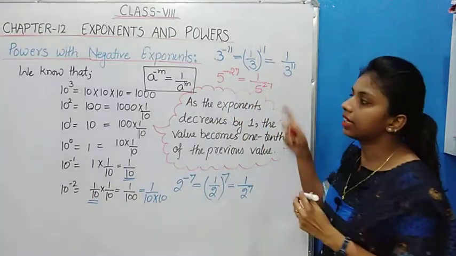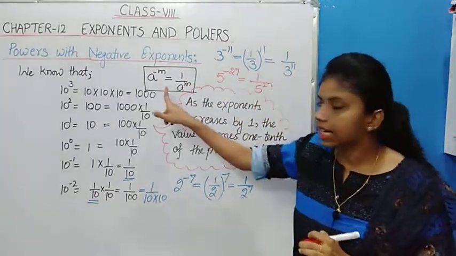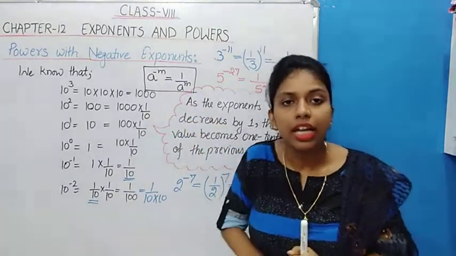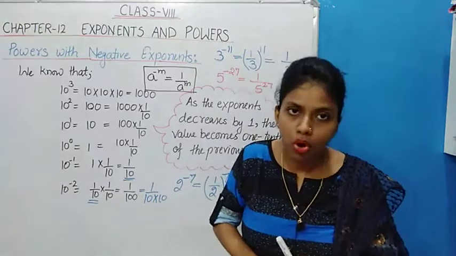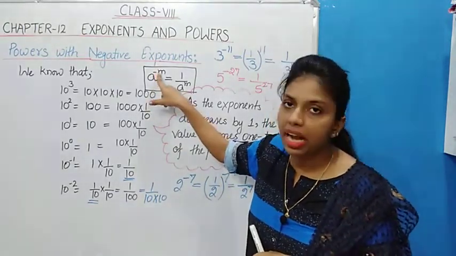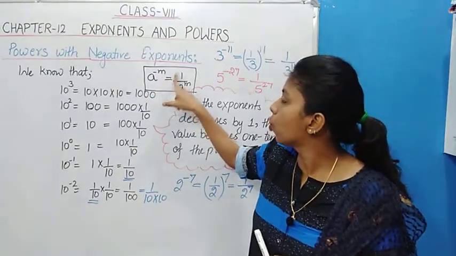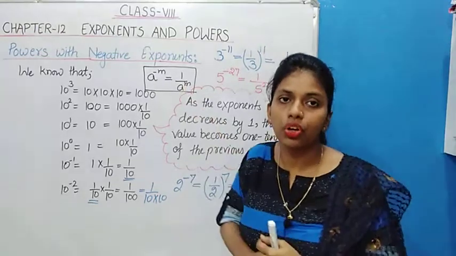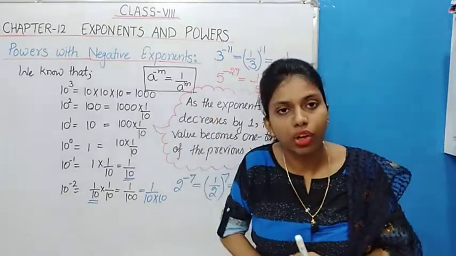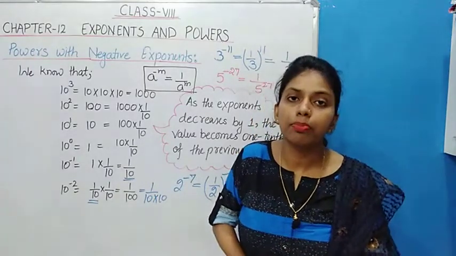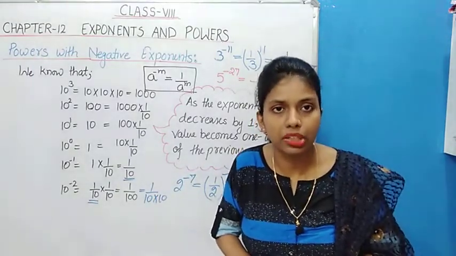So we can write it like this. This is the general notation for converting a negative exponent into a positive exponent: a to power minus m is equal to 1 by a raised to power m. This is how we can convert any power with a negative exponent into a power with a positive exponent.